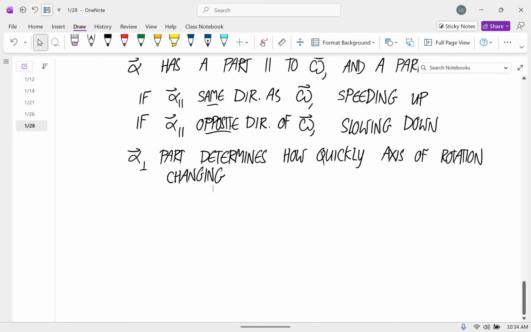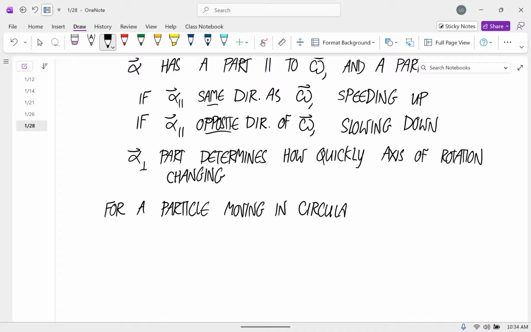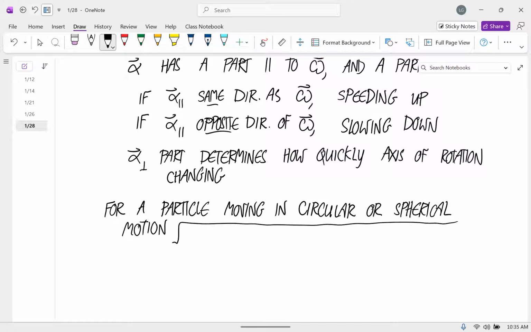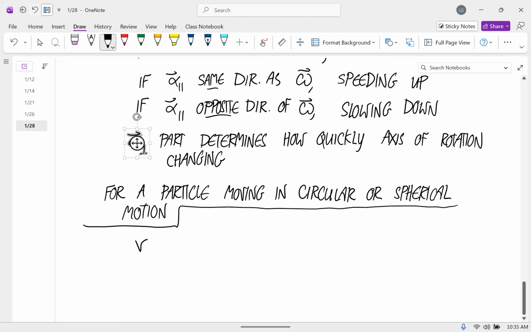So for a particle moving in circular or spherical motion, the velocity of the particle is equal to omega crossed with r.